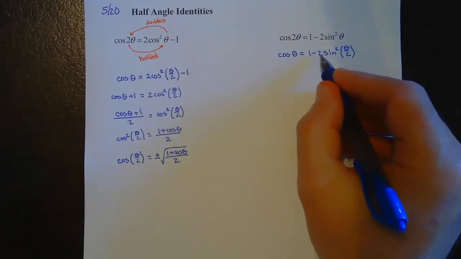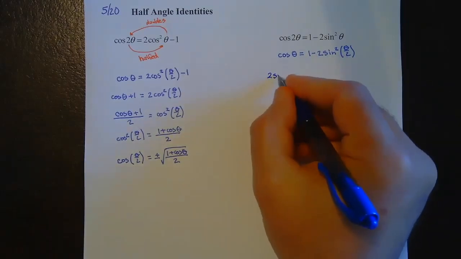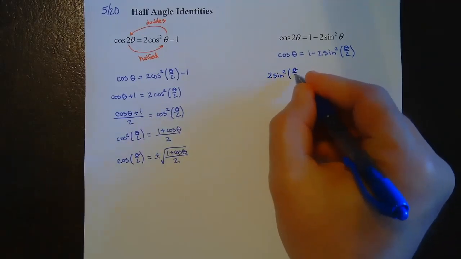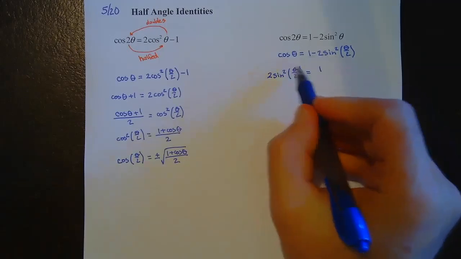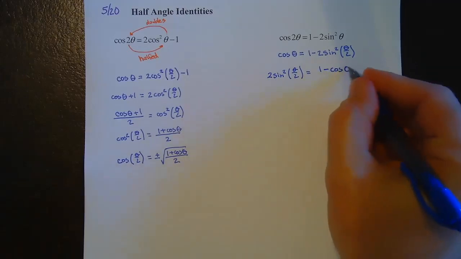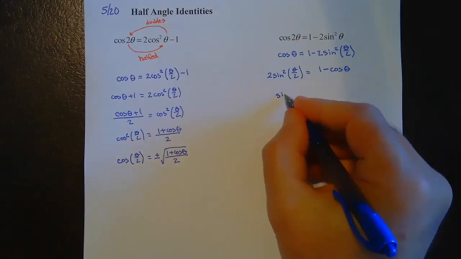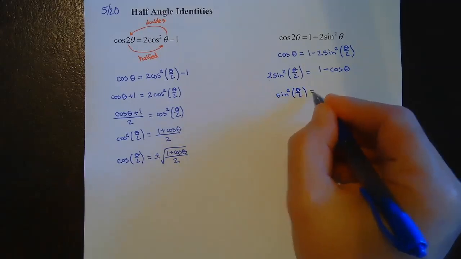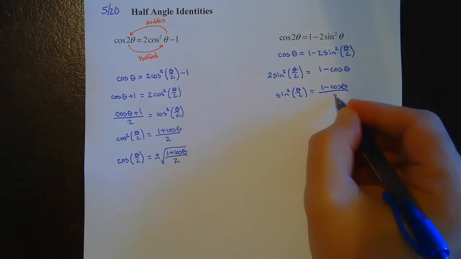So I'm going to add 2 sine squared theta over 2, which gives me 2 sine squared of theta over 2 is equal to 1, and I'm going to move the cosine theta over to the other side, so minus cosine of theta. Then I'm going to divide both sides by 2, and we would get sine squared of theta over 2 must equal 1 minus cosine theta all over 2.